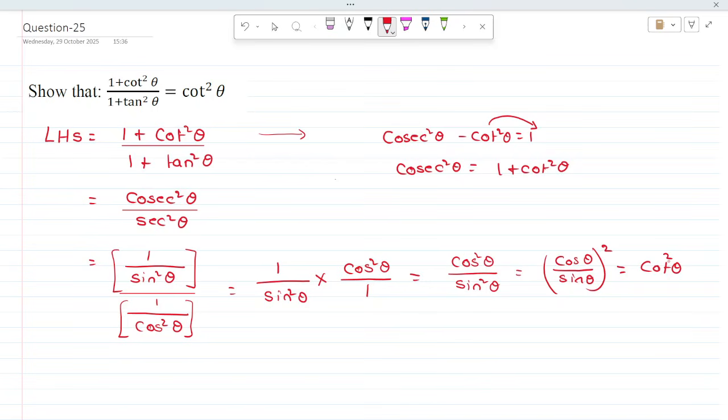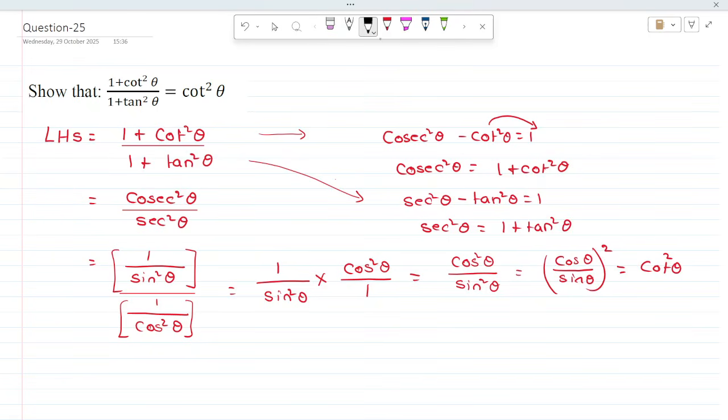You have to write all the steps. You should not miss. I missed one identity. You have to mention that identity also: secant square theta minus tan square theta equal to 1, so secant square theta is equal to 1 plus tan square theta.